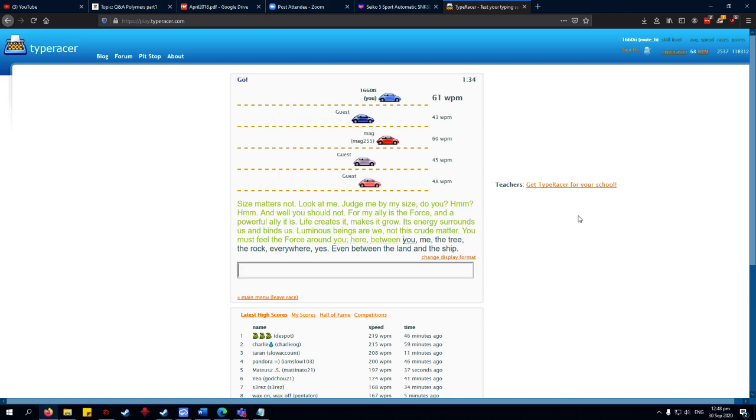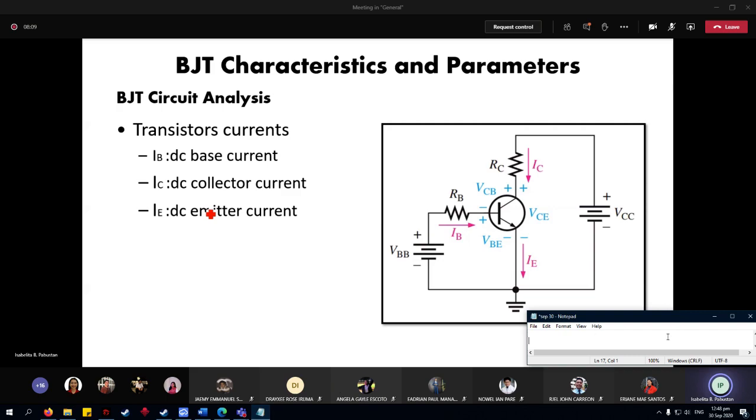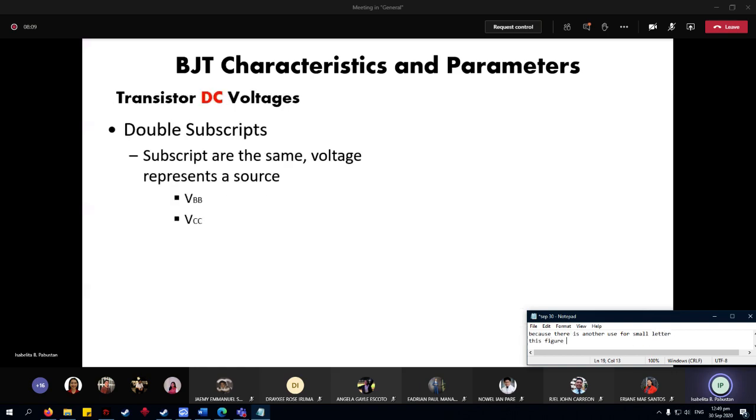Our naming convention is that we use IB, IE, and IC, with capital letters for the B, the C, and the E, because later on, when you have the BJT AC analysis, you use small letters for ib, ic, and ie. So in this case, you do not have the input yet. The VBB and the VCC there are simply bias.